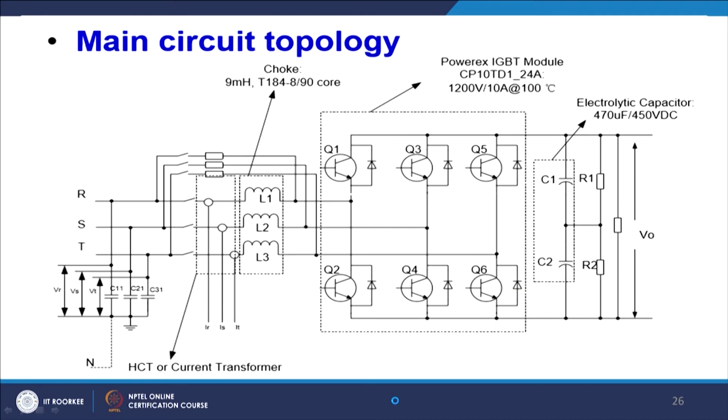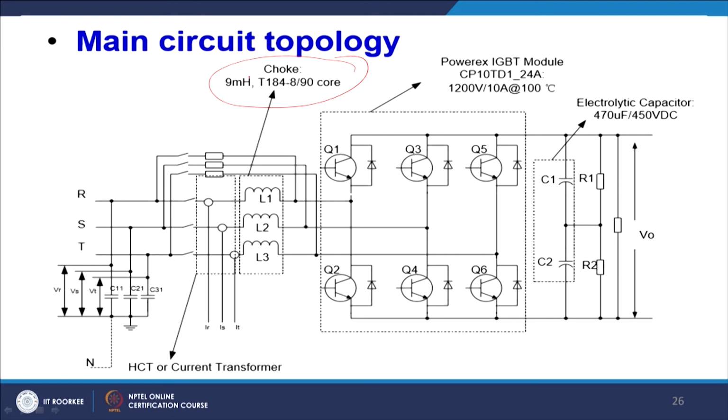Now, this is a practical circuit of this PWM converter. This is a static bypass, and generally you will have an inductor, a choke, and you are required to design the choke.